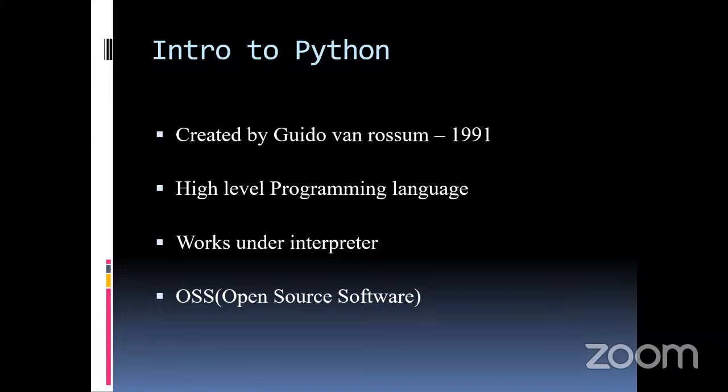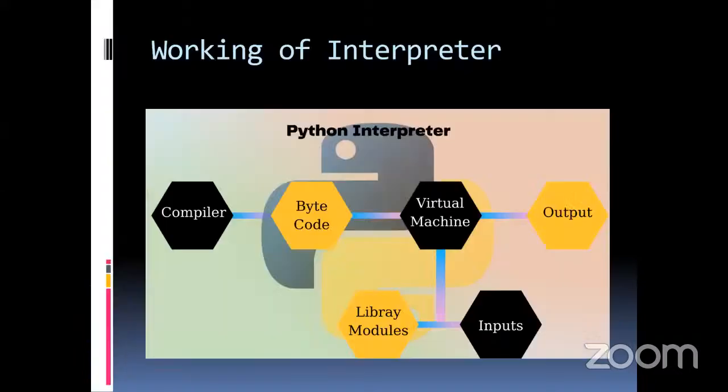We know some high-level language, but the machine knows only the low-level language, that is zeros and ones. The work of the interpreter is to translate our high-level programming language into machine-level language. So this is the working of the interpreter.